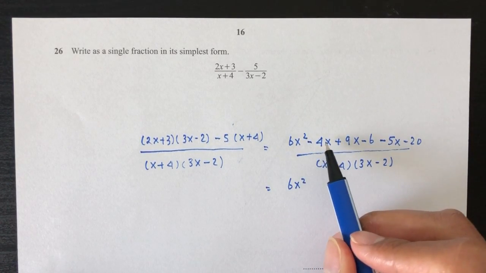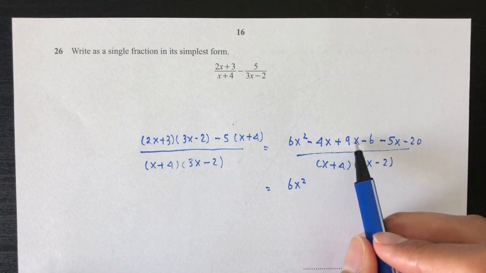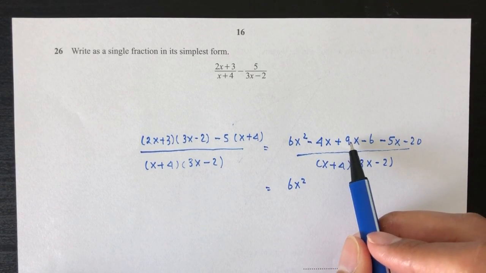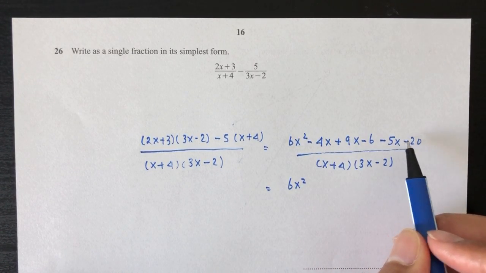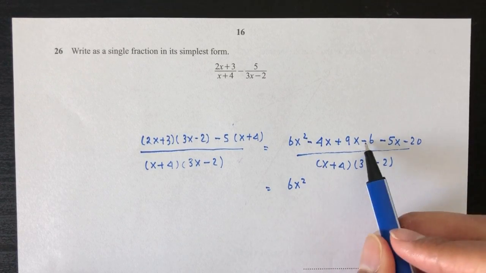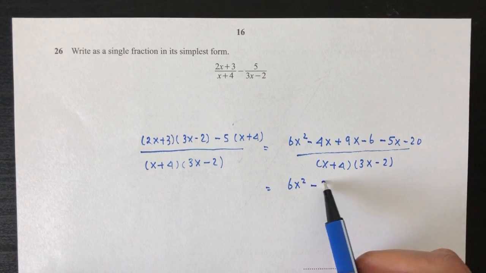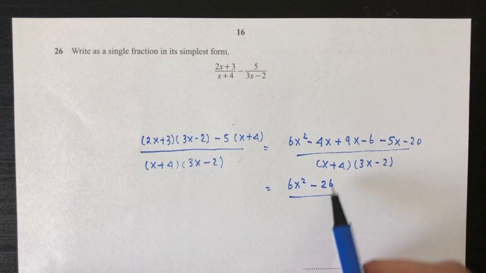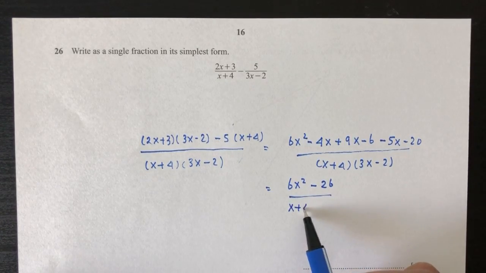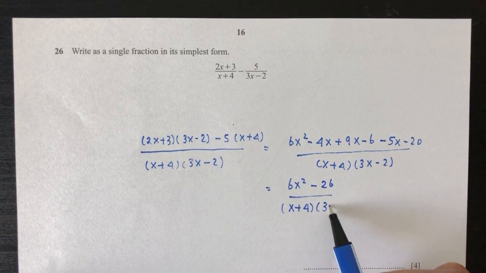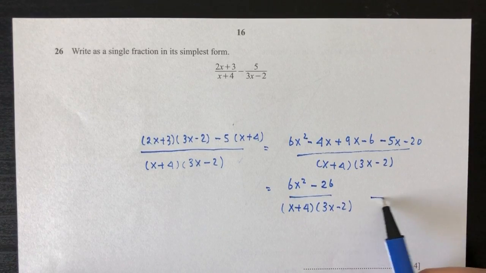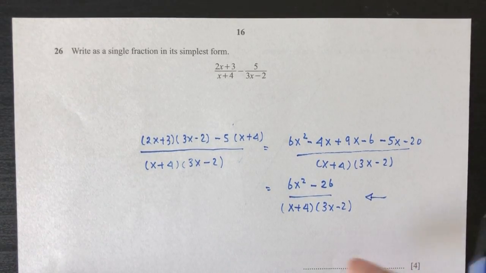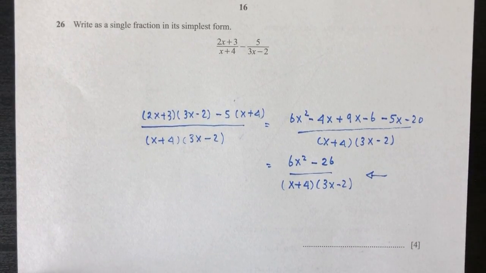Now we have minus 4x plus 9x minus 5x, that will be 0. And then minus 6 minus 20 is minus 26 over. This remains the same, and this remains the same. Okay, so this will be your answer for part 26.